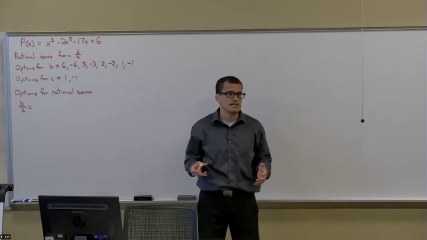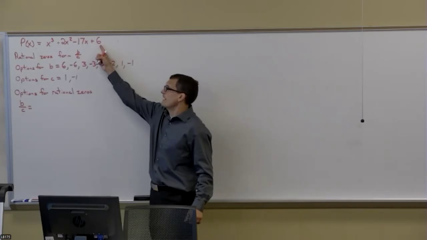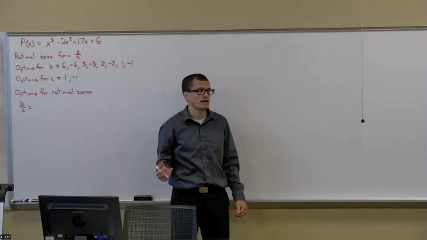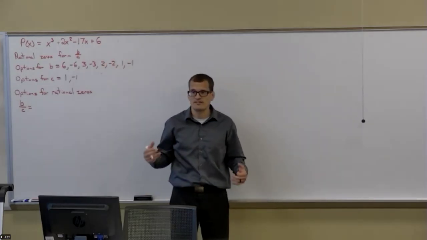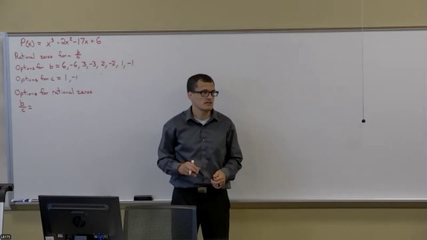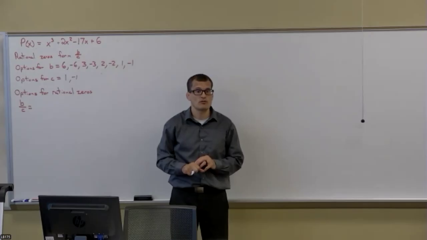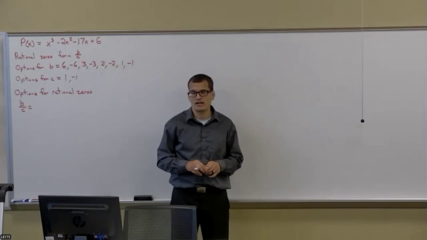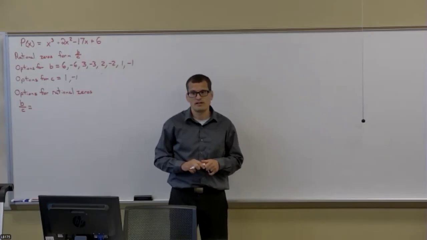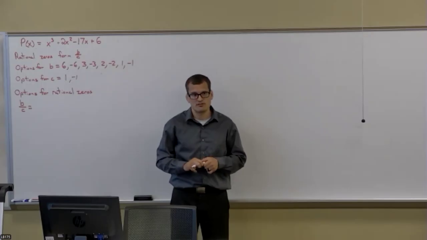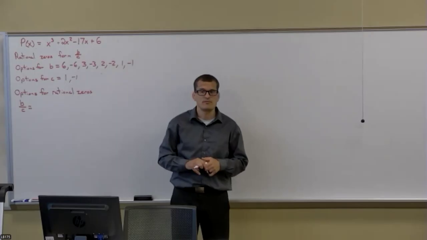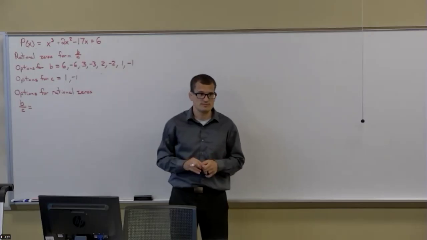Like you can imagine, if my constant was like 720, there's lots and lots of factors to check. If my coefficient were also 24, there'd be lots and lots of factors to check. So think about all the different factors of 720 divided by all the different factors of 24. That would give me lots and lots of options.